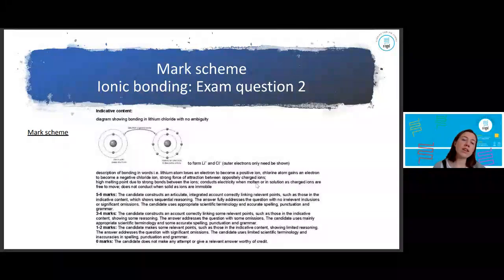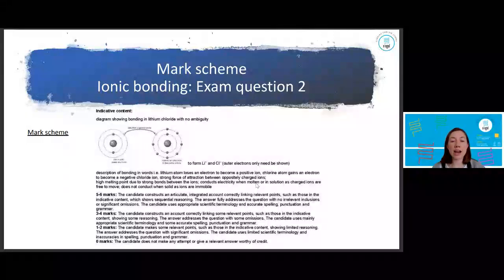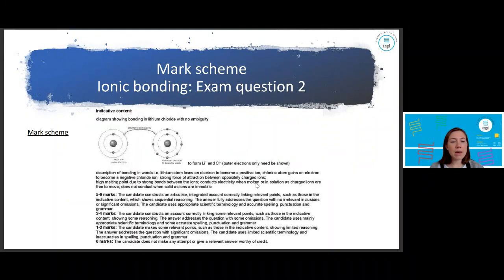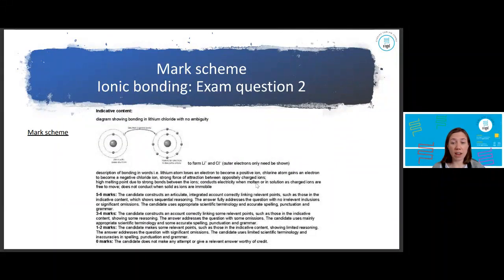And that forms your Li+ and Cl-, chloride, sorry, ions, okay? Now, what they're looking for here is a description of the bonding in words, such as lithium atom loses an electron to become a positive ion, chlorine atom gains an electron to become a negative chloride ion, and those opposite charges then attract, okay?